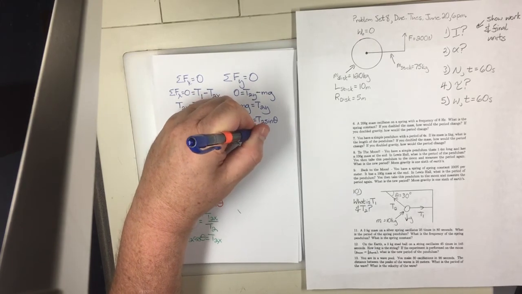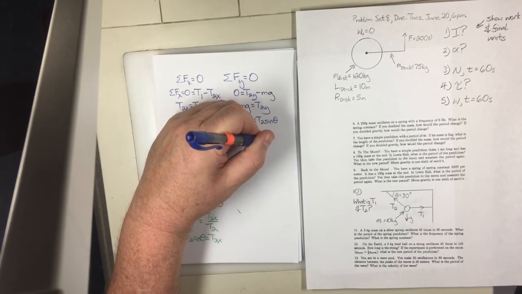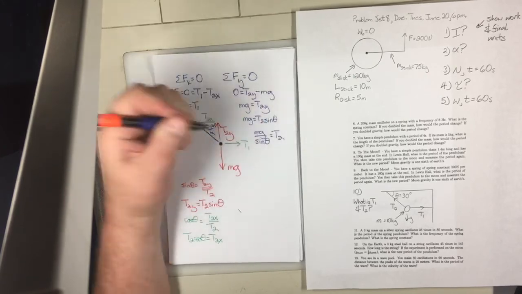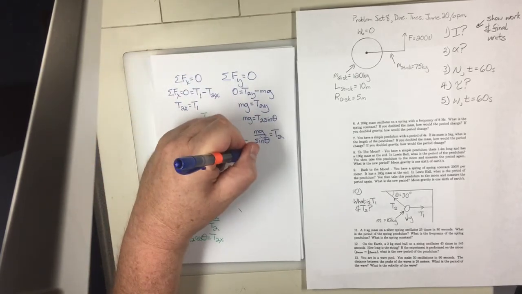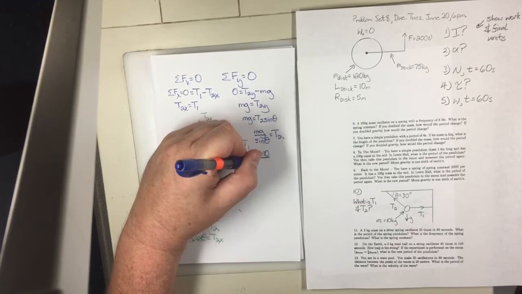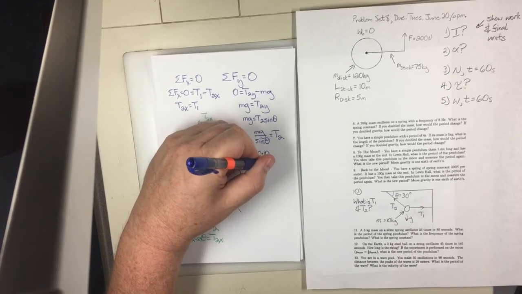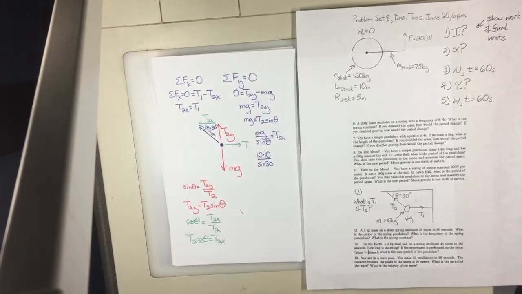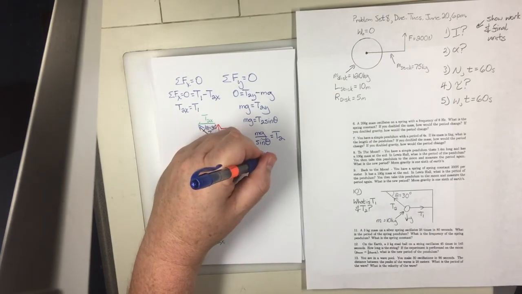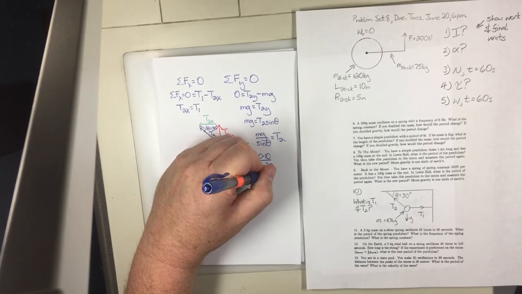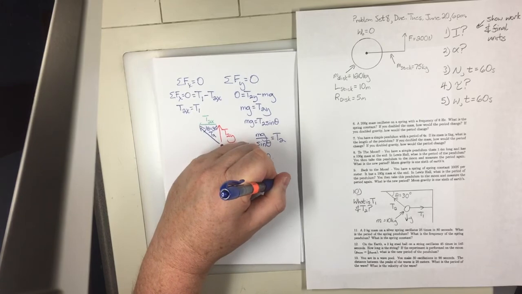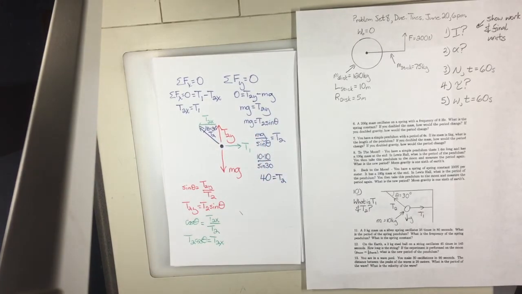So mg over sine theta is equal to T2. So this is 10 times 10 over sine of 30, which is 0.5. So 20 or 40 is equal to T2. And so we've solved for one of the forces.